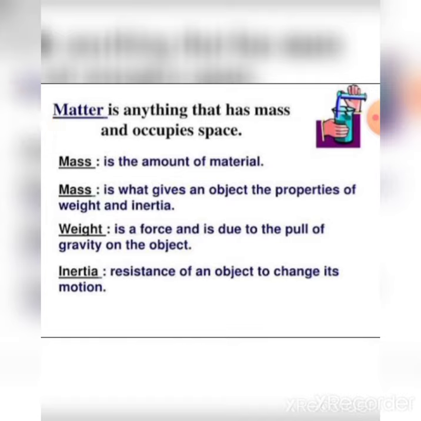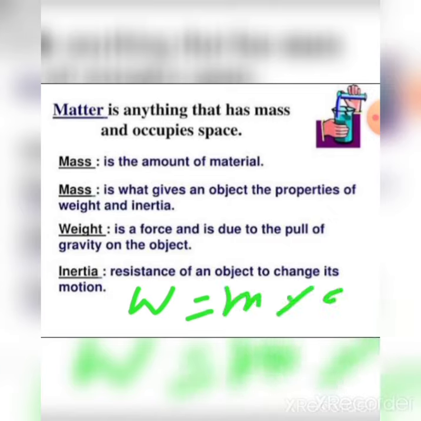You know that W is equal to m into g. Mass into gravity.